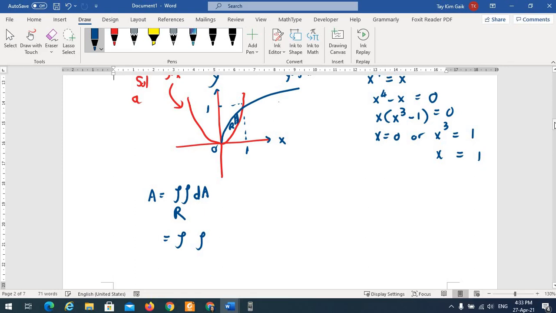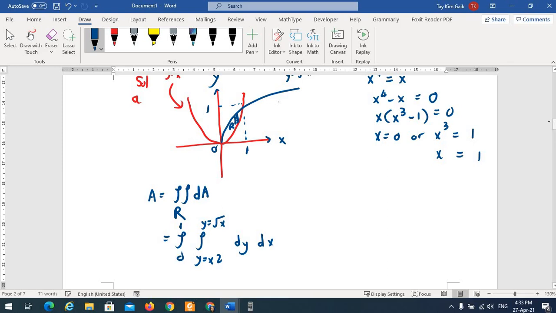Okay, so dy dx, the lower curve is the red color, which is y equal x squared. The upper curve is the blue color, which is y equal root x. So x is from 0 up to 1.